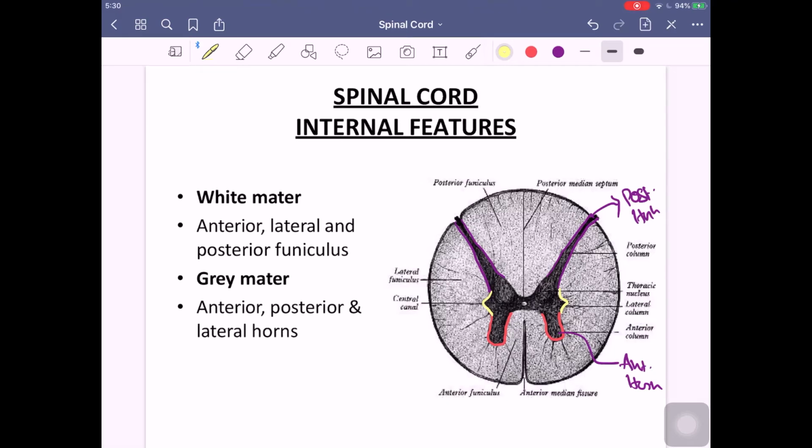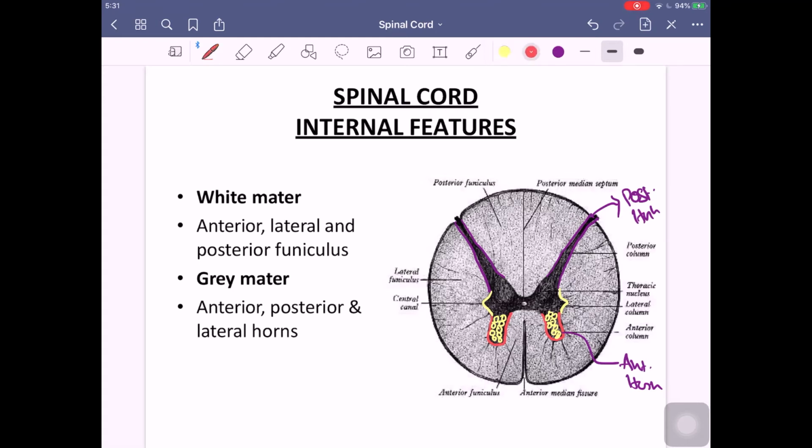The anterior horn, also called the ventral horn, is bigger, enlarged and wider in the cervical and lumbar regions because of the cervical and lumbar enlargements, due to the formation of the brachial and lumbar plexus. In other words, these are the areas with a lot of motor neurons supplying the muscles of the upper limb and lower limb in the respective enlargement.